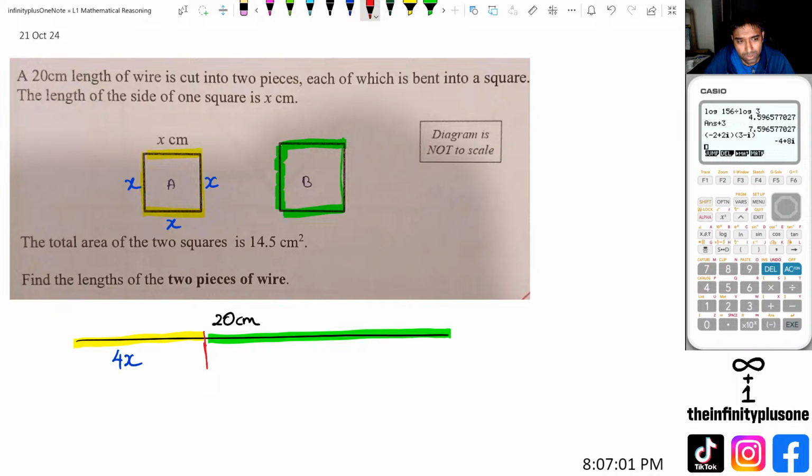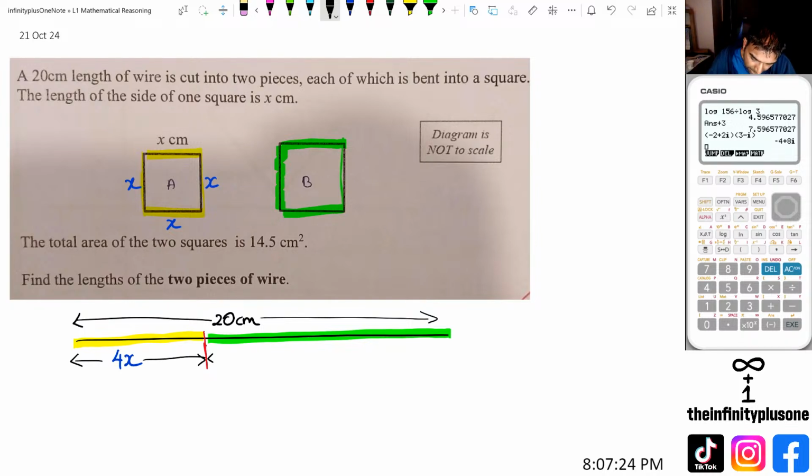Now, once we've got the yellow piece, which is 4x, we now need a length for the green piece. So for the green piece of the wire, we know the total is 20. Remember, 20 centimeters is all the way from there to there. 4x is from there to there, which is the yellow part.